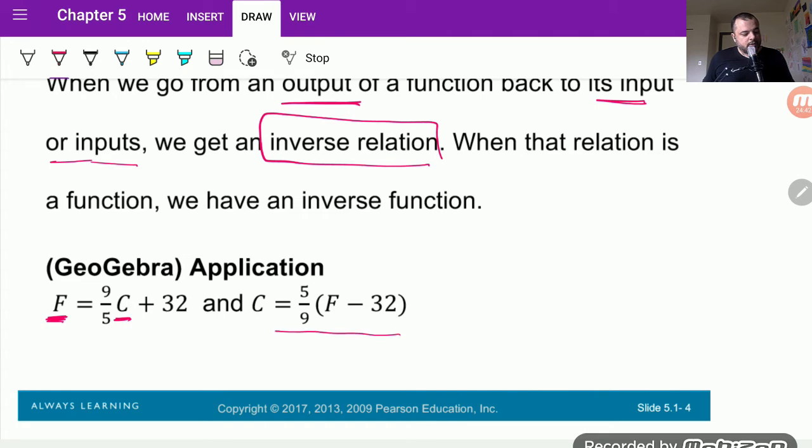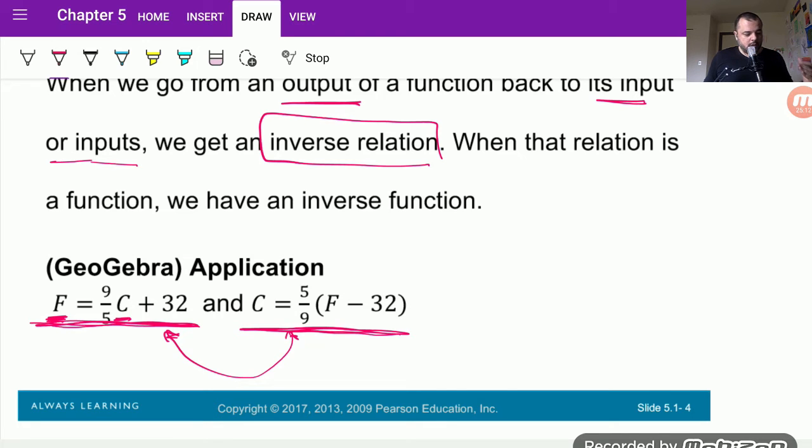These two functions, the first one is a linear function, okay, and the second one is a linear function as well. So are these guys inverses to each other or no? So let's go to GeoGebra and try to graph these guys. Again, to know whether this one is the inverse of this one, we need to see the reflection. One of them is going to be the reflection of the other one across y equals x.